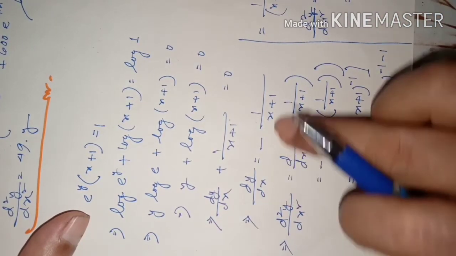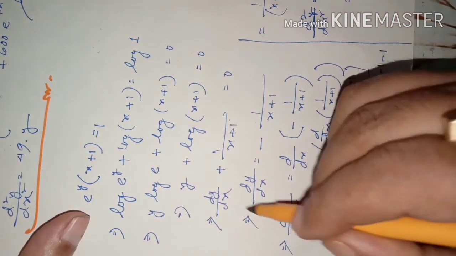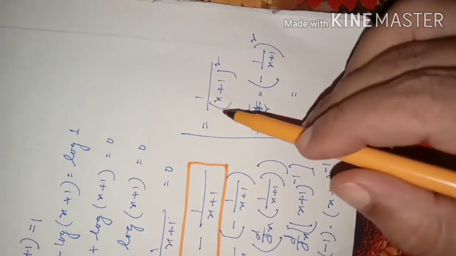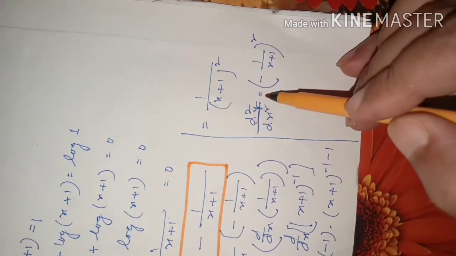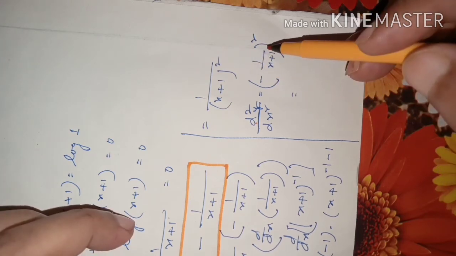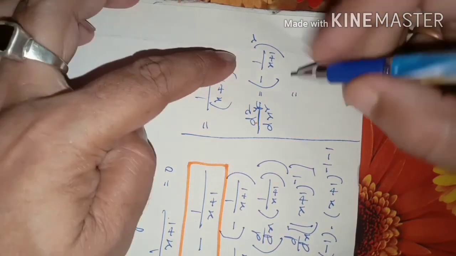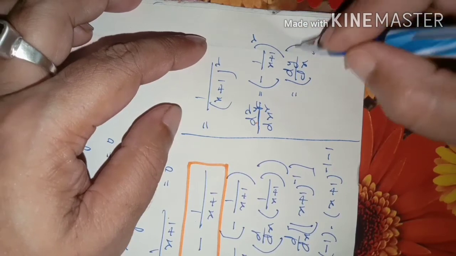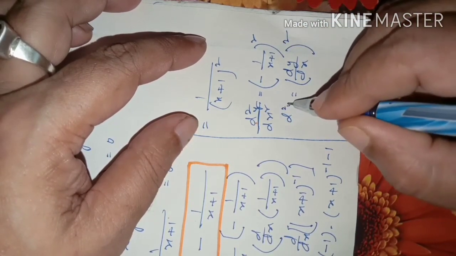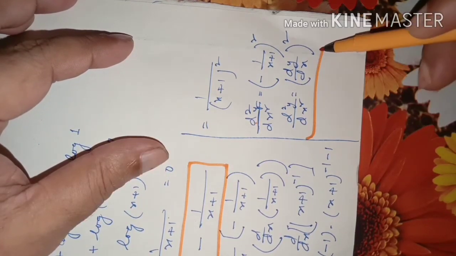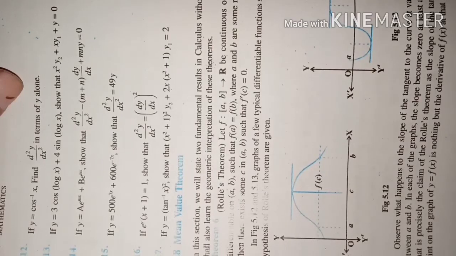So here you got d2y by dx square is equal to minus 1 by x plus 1 the whole square. For this whole thing we can write dy by dx, and then whole square. This is d2y by dx square. This is our final answer. Proved, no?